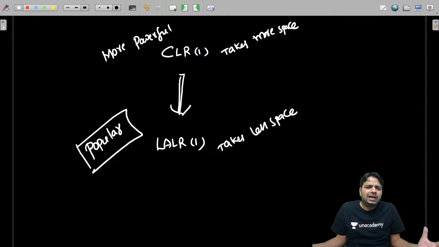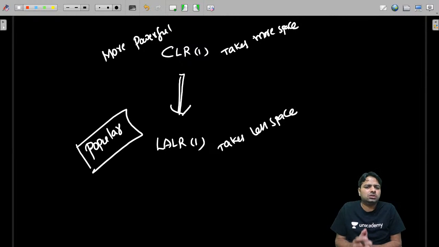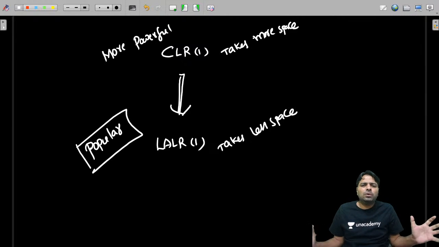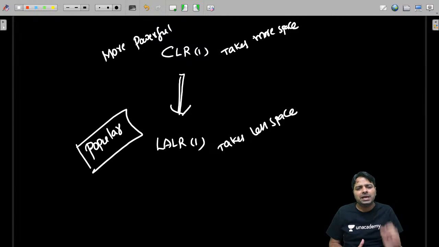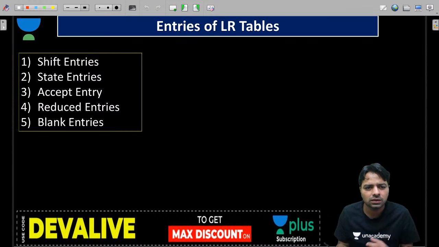Of course, when they get an RR conflict, they may not require such kind of structure, so they try to avoid such grammars. Today most of the programming languages are handled by LALR1 because it takes less space compared to CLR1. All right, now let's move on.